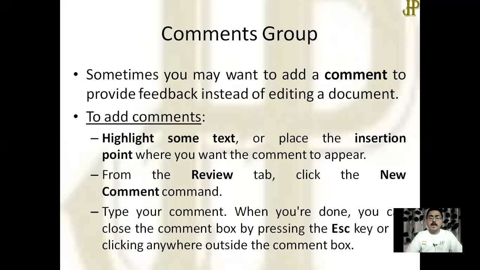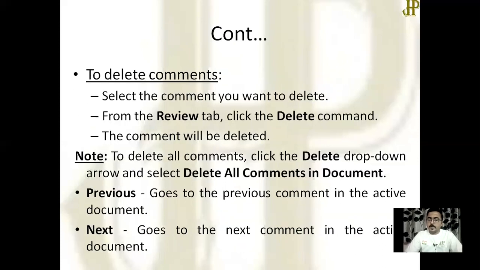So how to add a comment? From the Review tab, click the New Comment command. Type your comment. When you are done, you can close the comment box by pressing the Escape key or by clicking anywhere outside the comment box. Okay?